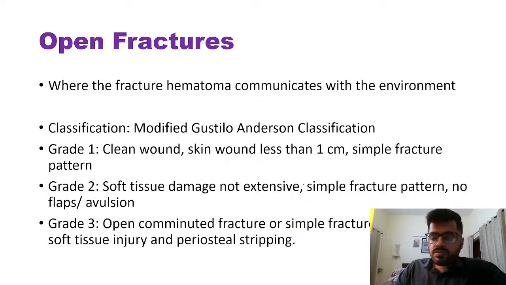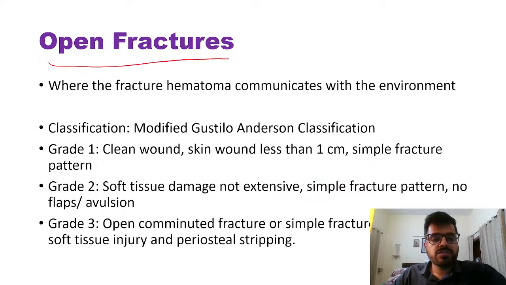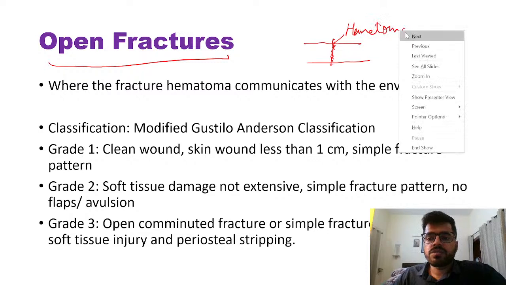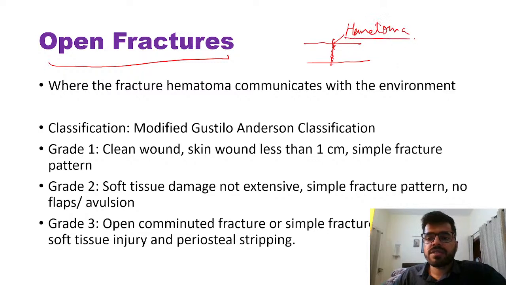Then we come to open fractures. So what is an open fracture? Suppose this is the bone and there was a breach in it, the fracture occurred, the bone broke, so there will be hematoma formation, which is also called fracture hematoma.